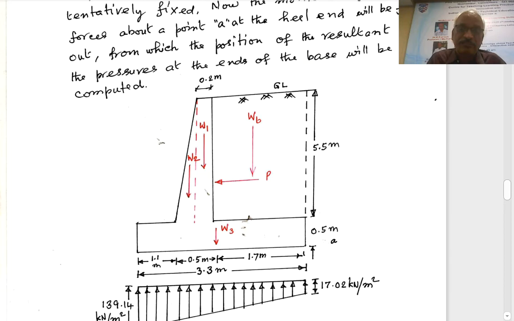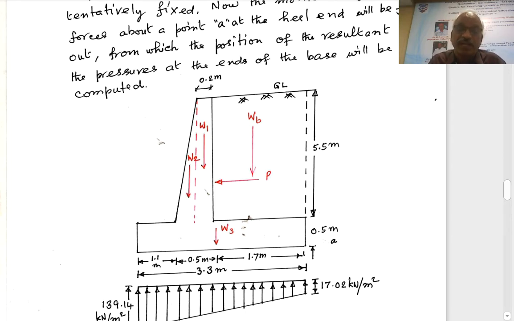The stem can be conveniently divided into a rectangular part and a triangular part, W1 and W2, and the base slab W3, plus the weight of backfill, that is the earth on the heel slab, WB. These are the downward forces, plus there is a lateral force P at a height of h by 3. So these are the vertical and horizontal forces, plus there is an upward pressure.